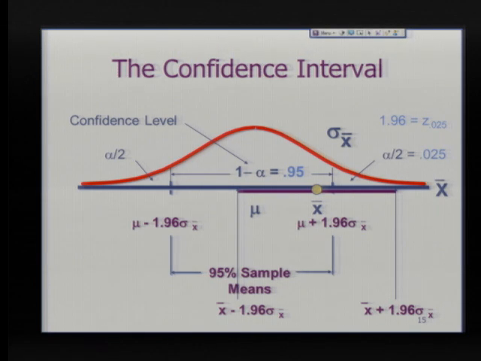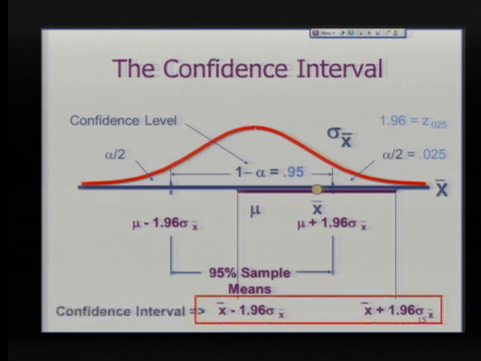What's the chance for that? 5%. You have a 95% chance that this interval covers the true mean, but a 5% chance that it doesn't. I hope that makes sense. So this is the confidence interval estimate when we do 95% confidence.